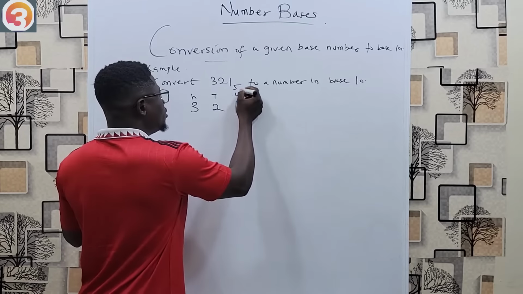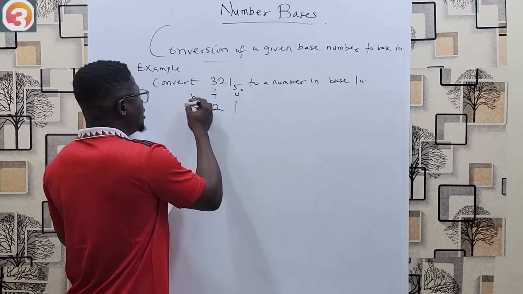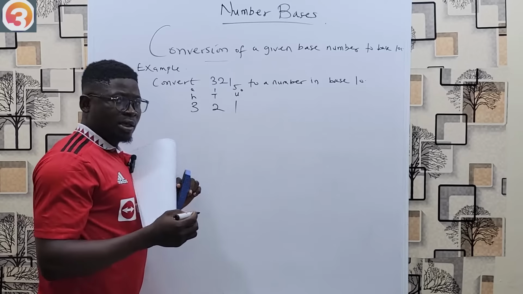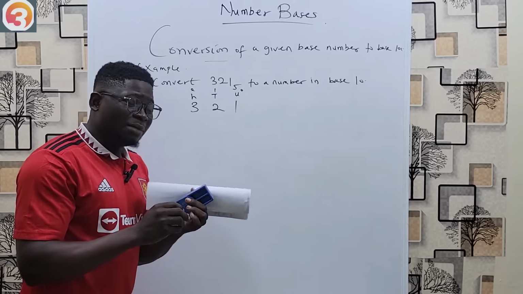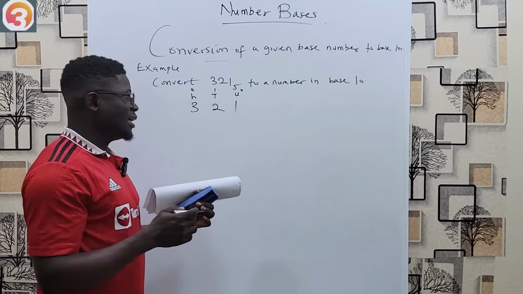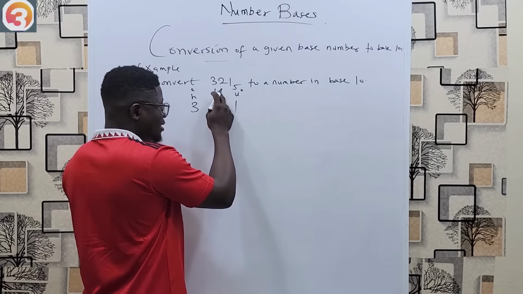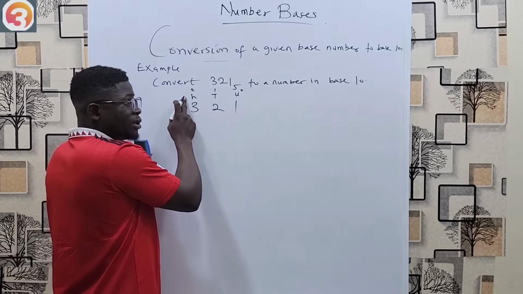Unit is 0, tens is 1, then hundreds is 2, because we're expanding the powers. You understand clearly why it is like this: because this is 0, this is 1, this is 2. That's what I'm saying.